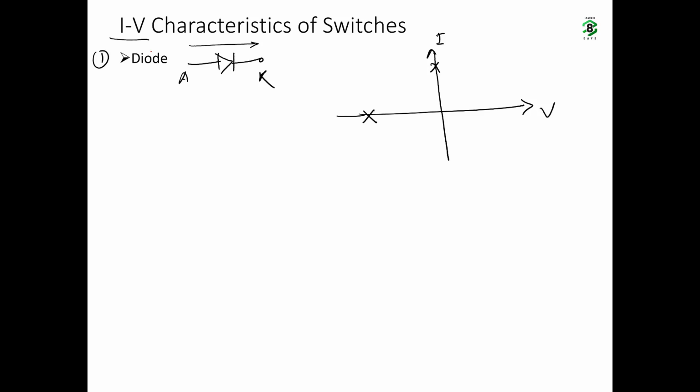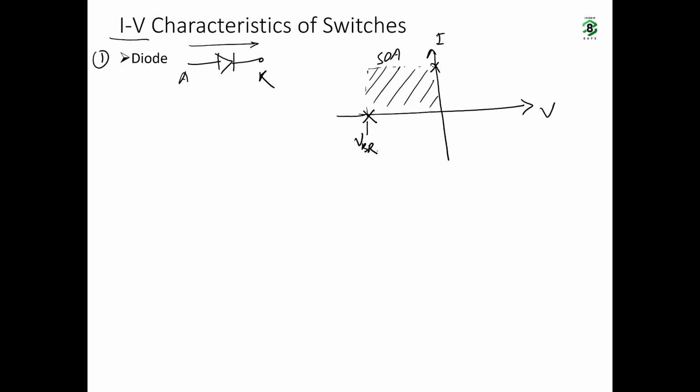Okay, and this type of question has been asked in the GATE examination. You simply need to understand what V means, which polarity of voltage it is able to block, and what current means, in which direction the current is flowing. Anode to cathode is positive current. Okay, so the diode in this region will operate, and this is the safe operating area also, because beyond this voltage is the breakdown voltage.